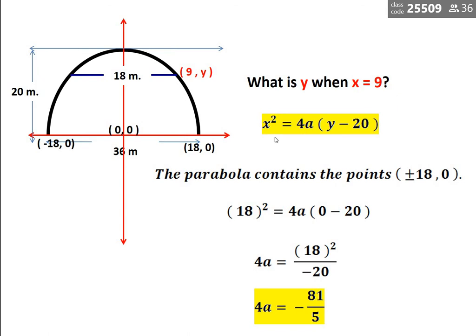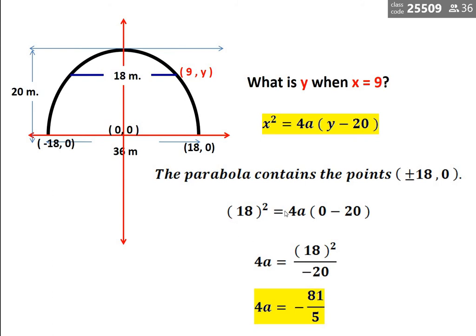So you're going to use this equation: x squared equals 4a times (y minus 20). The parabola contains the points (±18, 0).